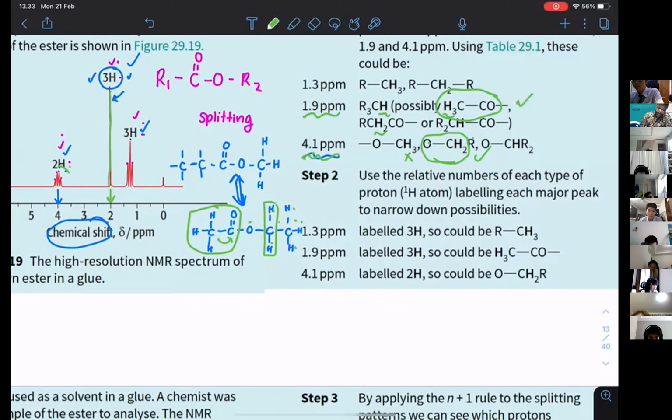Confirm. Then 1.3, which is this one. 1.3, 3 hydrogen, this one bonded to R. This one is bonded to R. This entire thing is R. This is also correct. You confirm that this is the molecule.